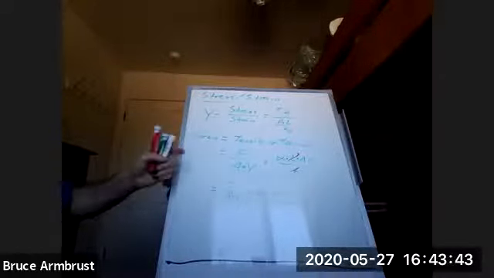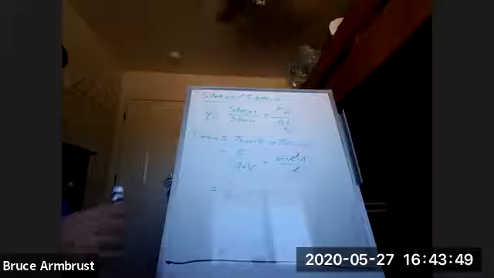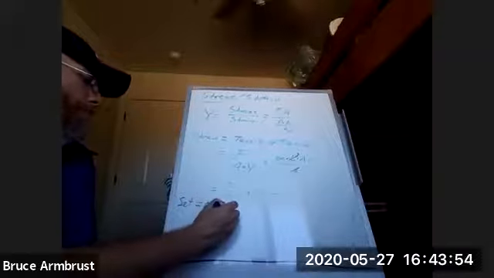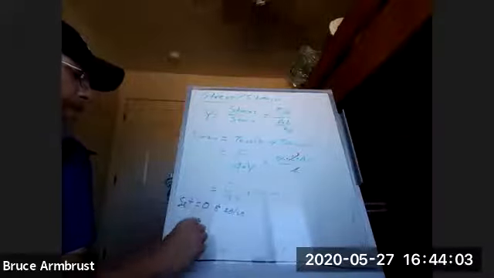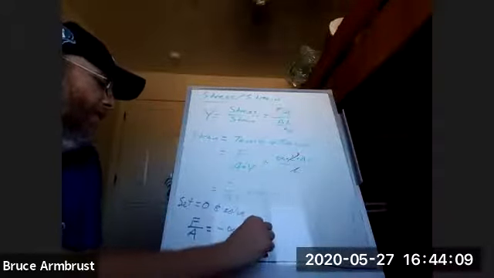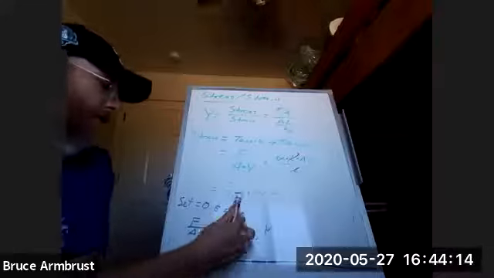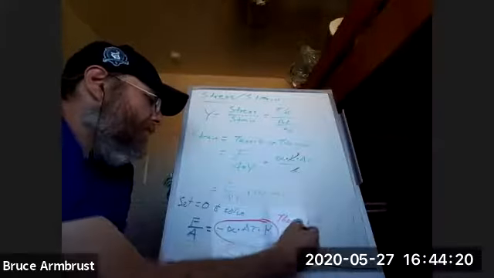Well, that would be where the strain ends up being 0, because we're going to cancel it out. So if you were to set this equal to 0, and we solve for the stress, the force per area, we get force per area is going to be negative alpha times delta T times Y. And so this is actually your thermal stress, right?